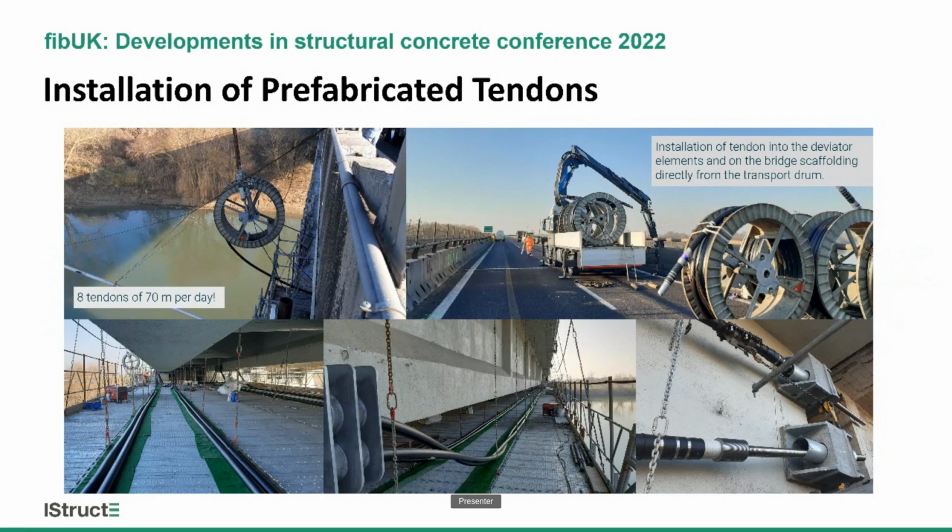Here the impact to traffic was quite limited. As everything was prefabricated, only one lane was closed, and even for one span, the 8 tendons with 70-meter lengths were installed in only one day.